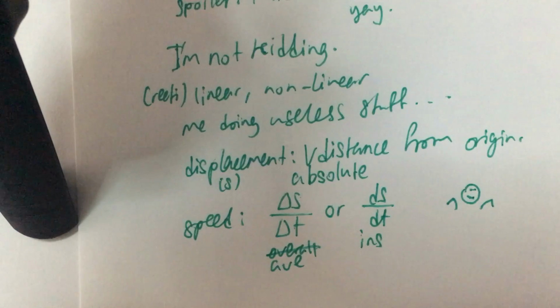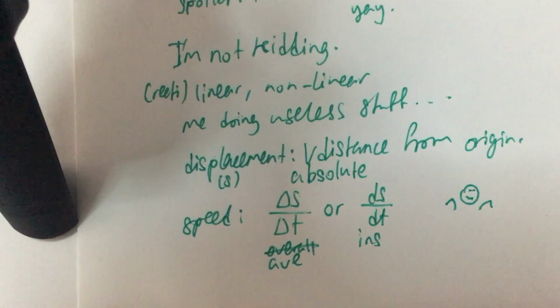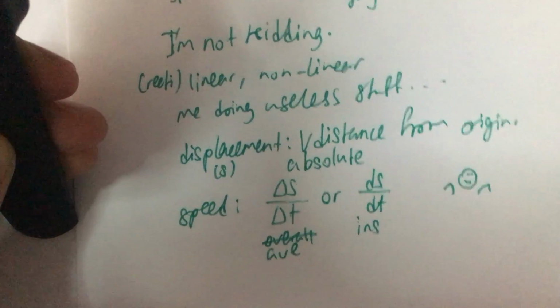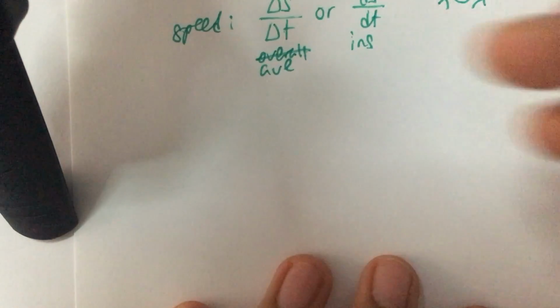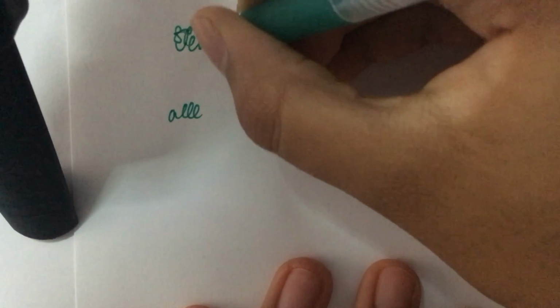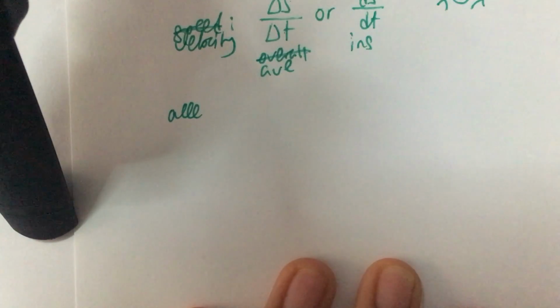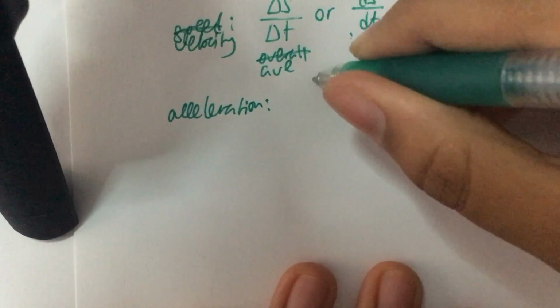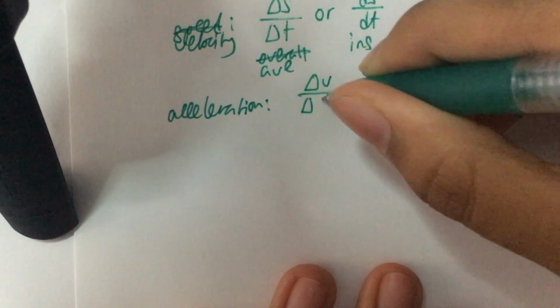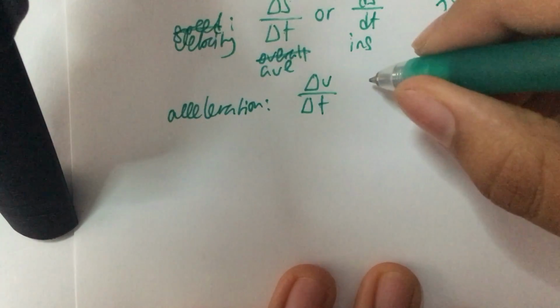And acceleration would then be dv over dt, or the total change in velocity over the total change in time, based on which one you're going on. And of course, if you go backwards, velocity is the integration of a with regards to t, like integration of a dt.